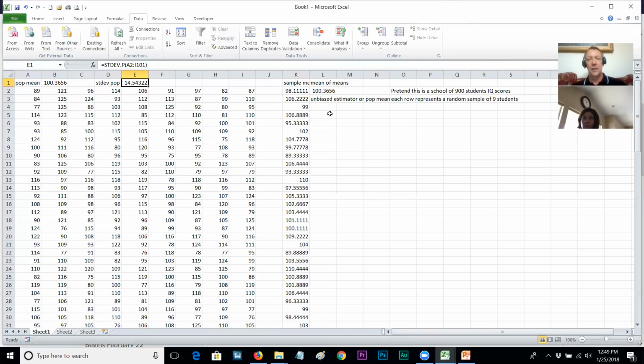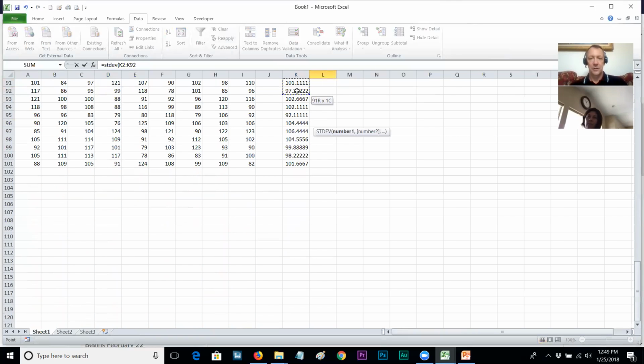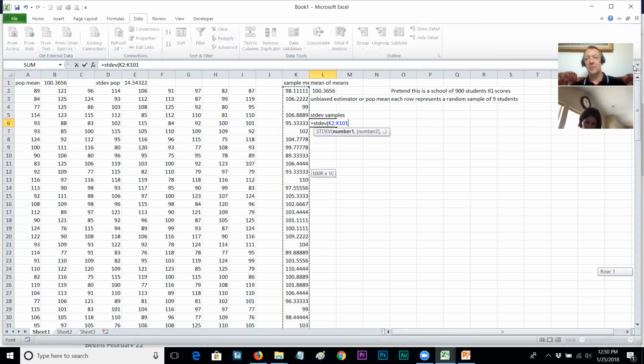Now, the other thing that I want to do is find the standard deviation of my samples. So when I do my standard deviation here, I'm going to back up and ask you a similar question I asked before.